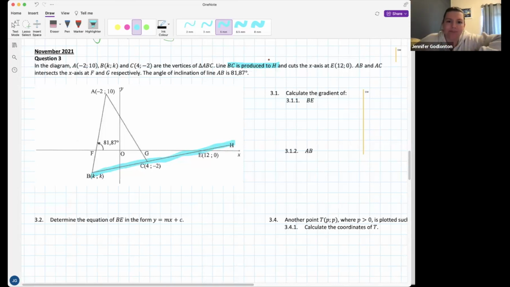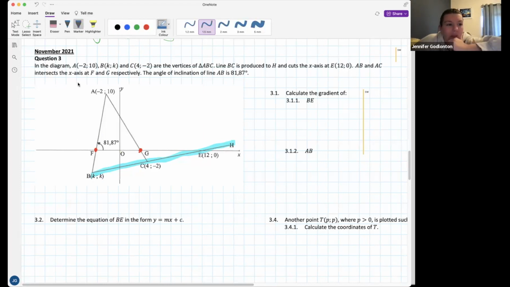That's all that means. Okay, and it cuts the x-axis at E, which is (12, 0). Cool. AB and AC intersect the x-axis at F and G. So all that's telling us is that this point over here and this point over here are on the x-axis.